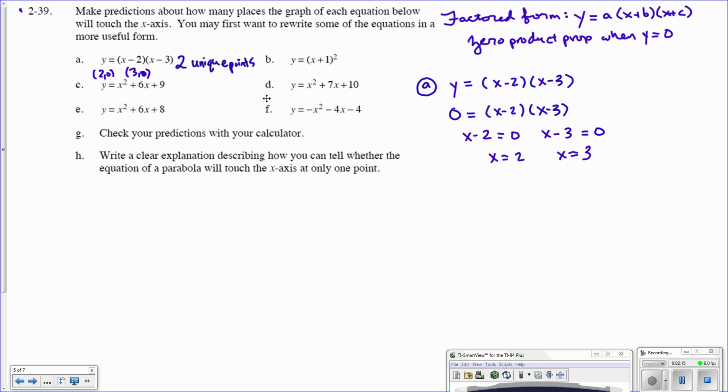Okay, so if we looked at B, this one right now is in what we would consider to be vertex form, but we could also consider it to be factored form. If we thought about it as y is equal to the quantity of x plus 1 times the quantity of x plus 1, then when you plugged in your 0 and had 0 equals the quantity of x plus 1 times itself, how many different answers would you get?